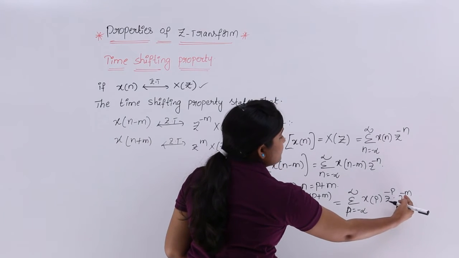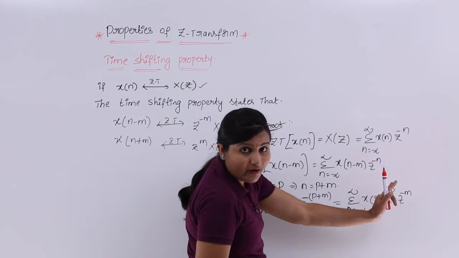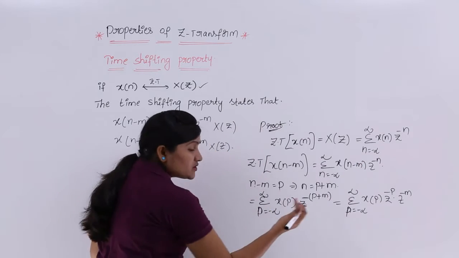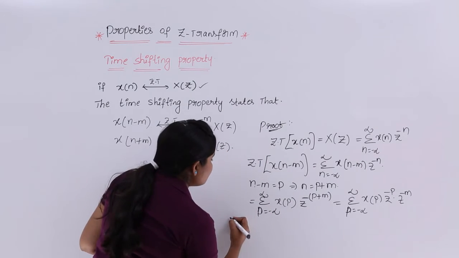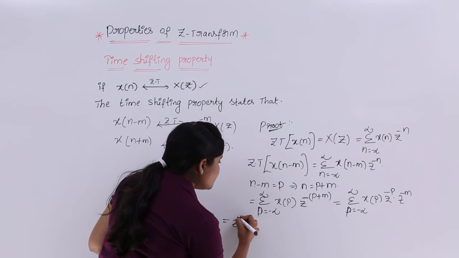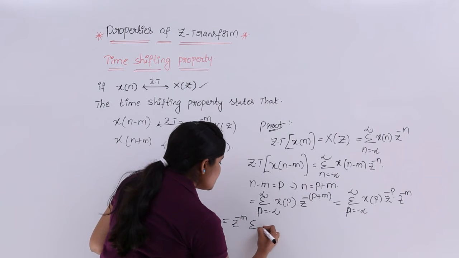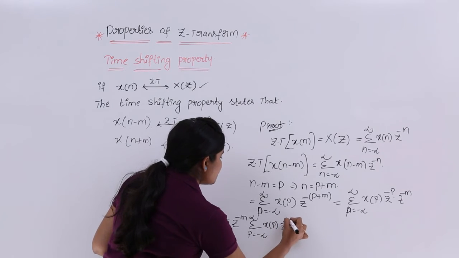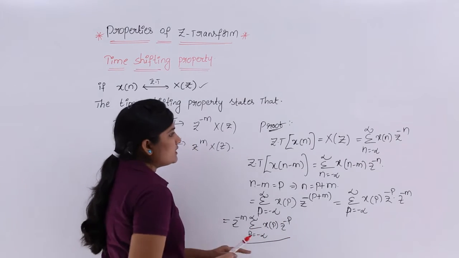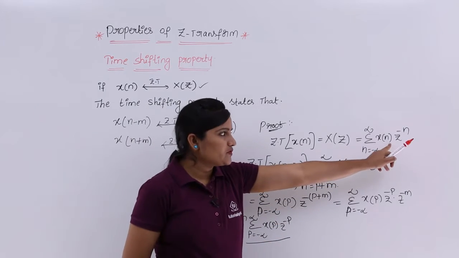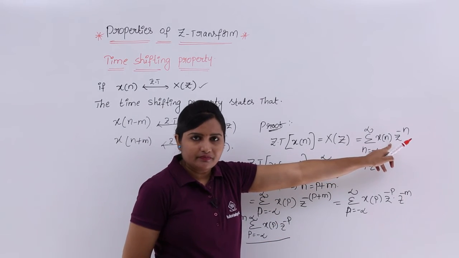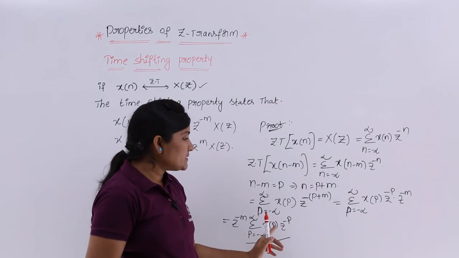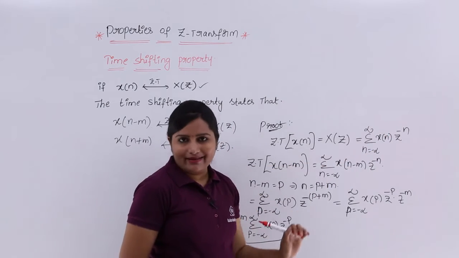That is why I can take z power minus m outside, because that is a constant. So this is equivalent to z power minus m times the summation from p equals minus infinity to infinity of x of p z power minus p. You can observe this is again in the form of the Z transform of x of n, but here the variable is p and there the variable is n.